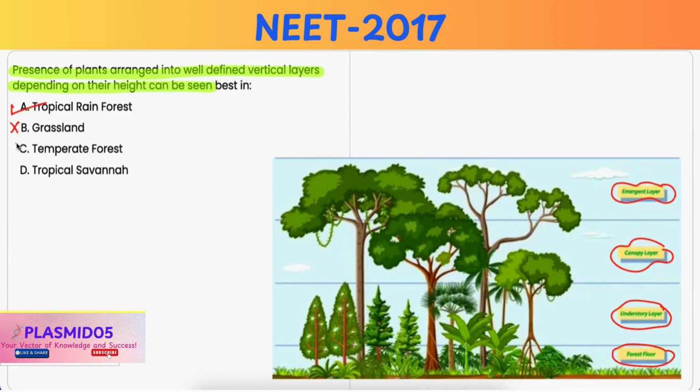It is also incorrect because temperate forests have some stratification such as canopy and understory, but the layers are not as well defined or diverse as in the tropical rainforests. Option D, tropical savanna. It is also incorrect because tropical savannas are characterized by grasses with scattered trees and shrubs, and they do not have dense vegetation or distinct vertical layers that are found in tropical rainforest.